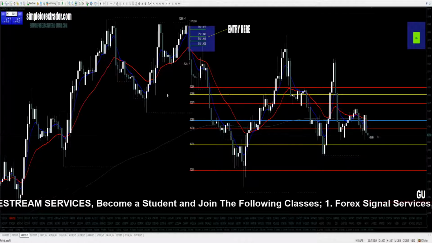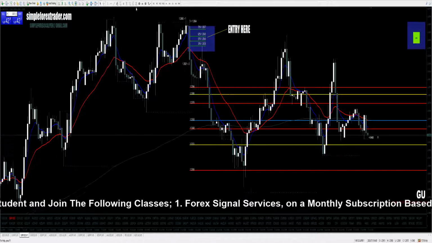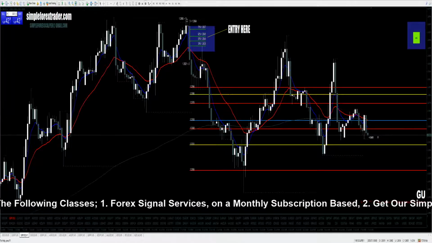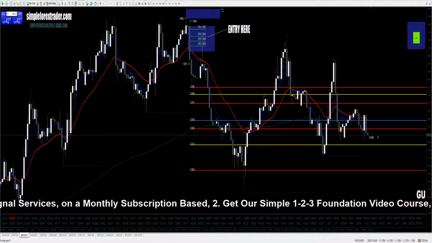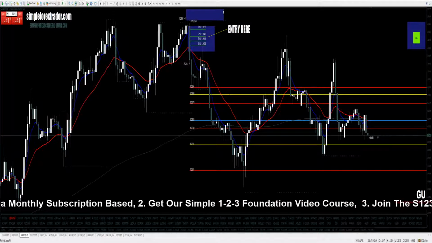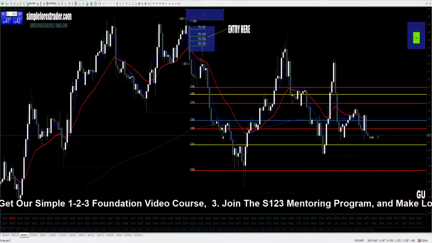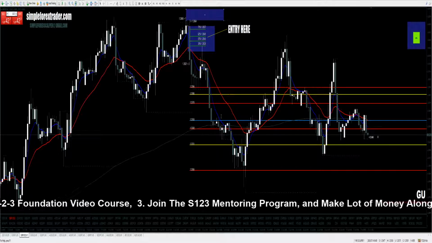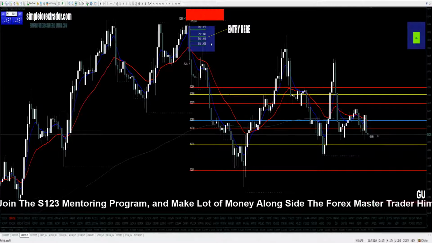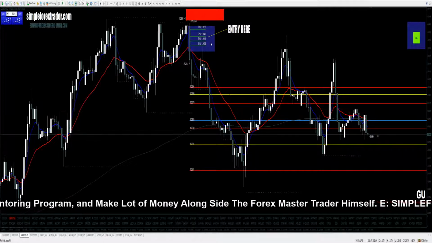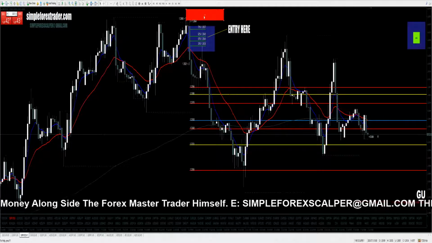Now where do you put your stop loss? Your stop loss will be up here, just above the 1. So it will be here. This is where your stop loss will be. So I'll make that red. There you go. You see that? It's a bright red. So we place the stop loss here.